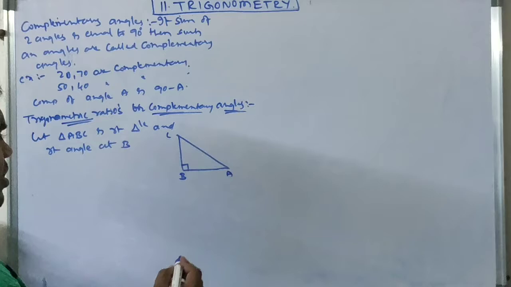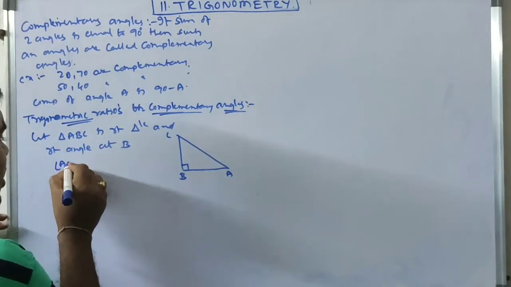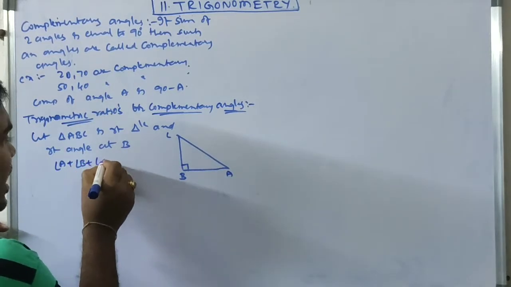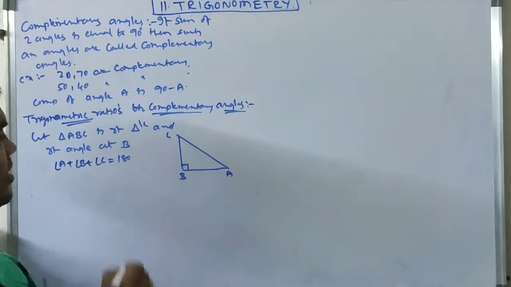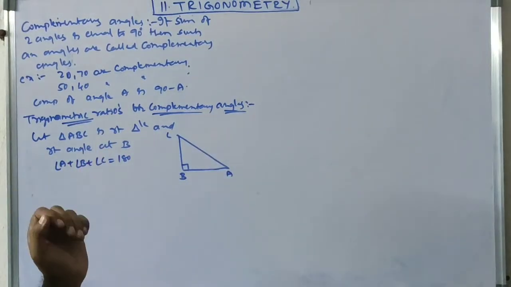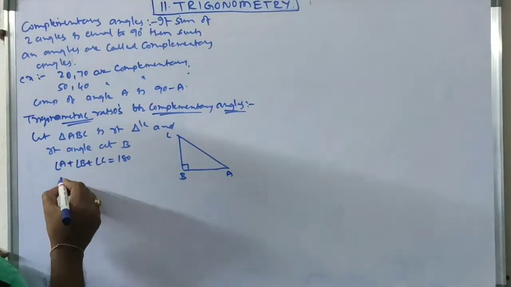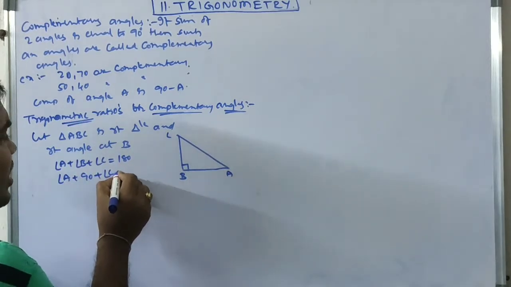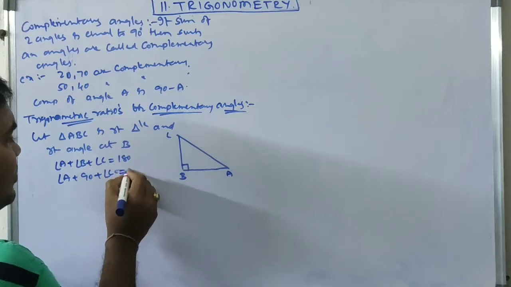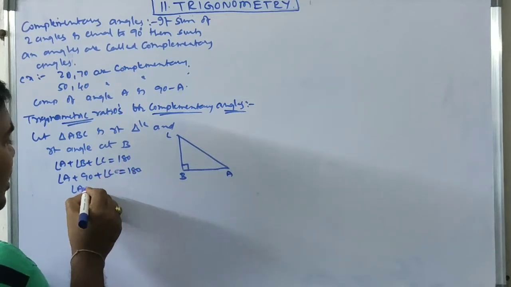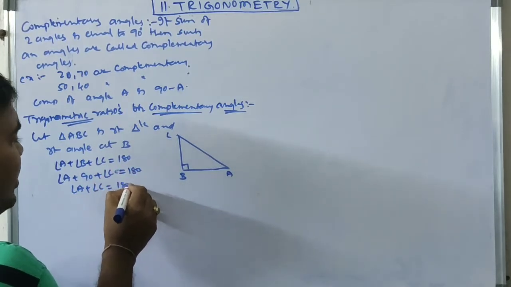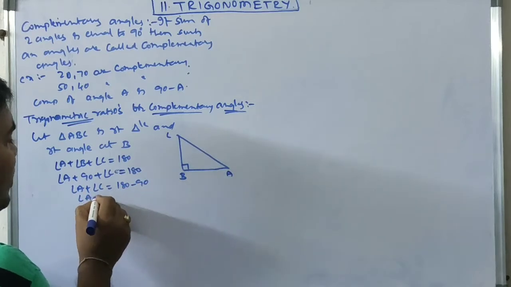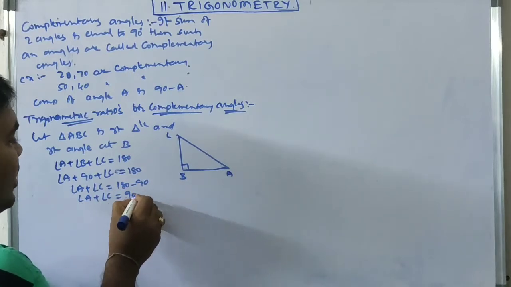So angle A plus angle B plus angle C equal to 180 degrees. The sum of angles of a triangle is 180 degrees. We already know angle B equal to 90, the right angle. So angle A plus angle C equal to 180 minus 90, which is 90 degrees.